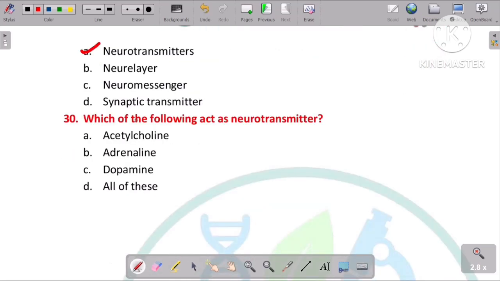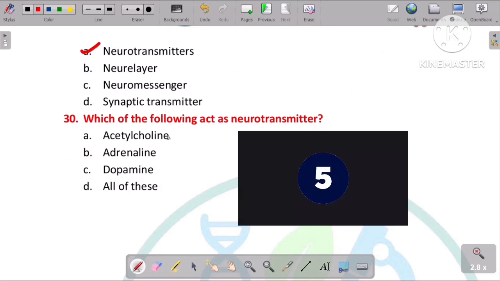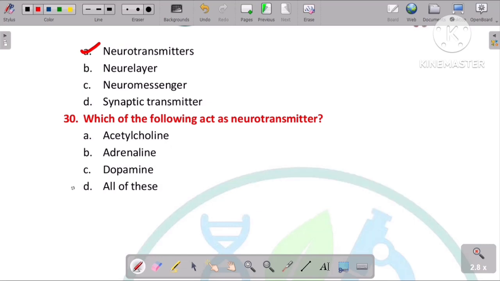So the last question is: which of the following acts as neurotransmitters? So the right answer is option D, all of these.